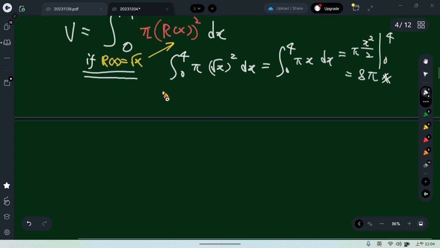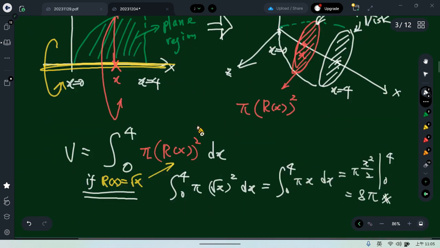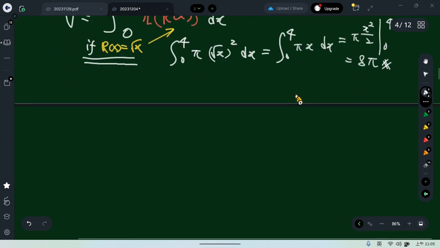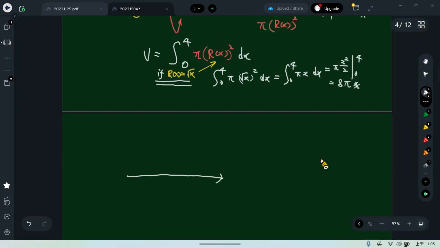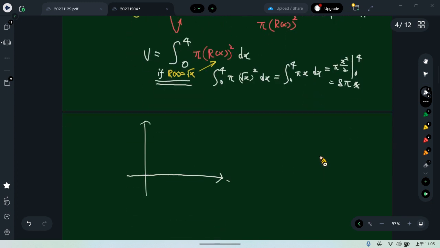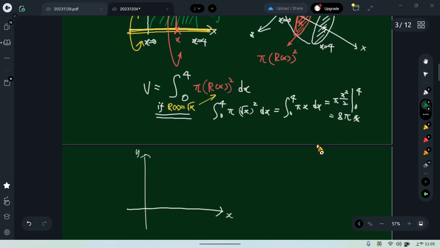So following this, as I told you, if the rotating axis is different, we can still follow the same idea. I just extend the idea. The original one is just like this, right? And its shape is here. This is y is equal to square root of x, right?